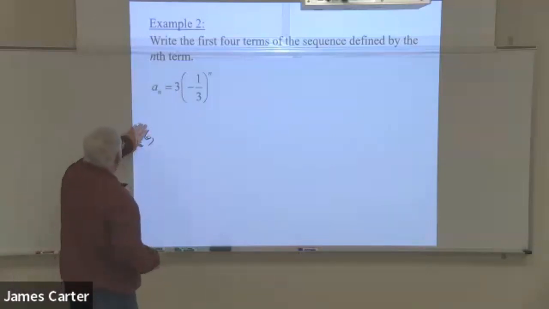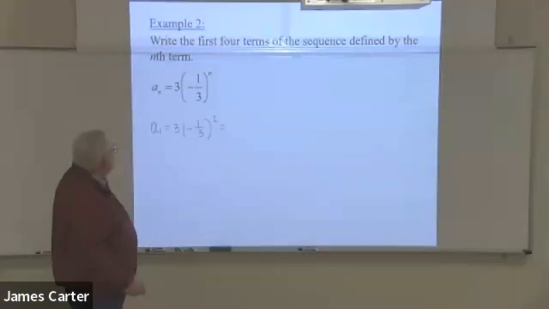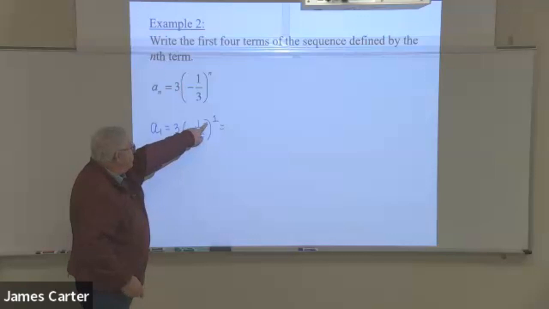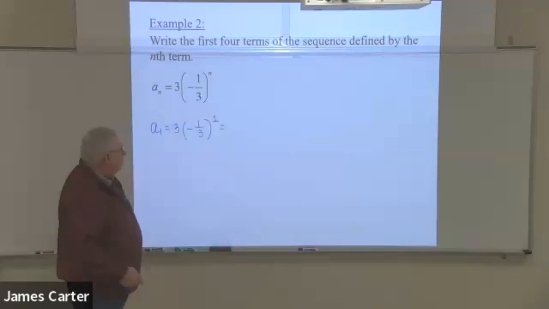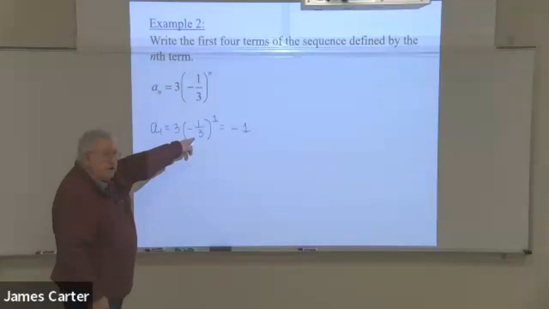Okay, here's another one. Here's our rule. Here's that first term. So the value of the first term is going to be 3 times negative 1/3 to the first power. Well, 3 times negative 1/3 is negative 1. Because anything to the first power is itself.